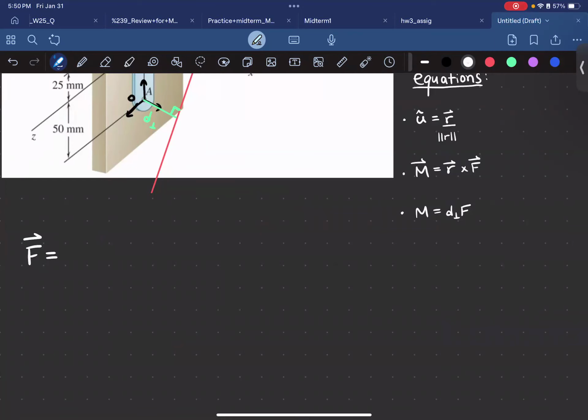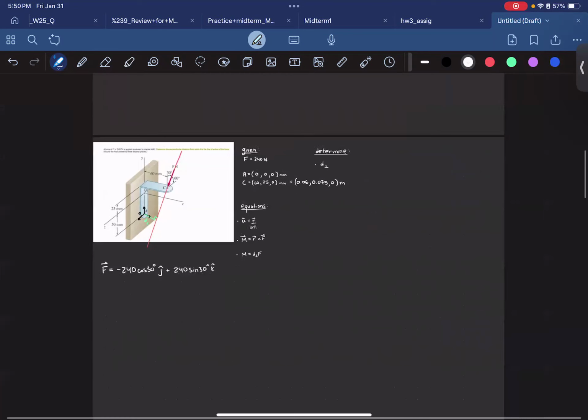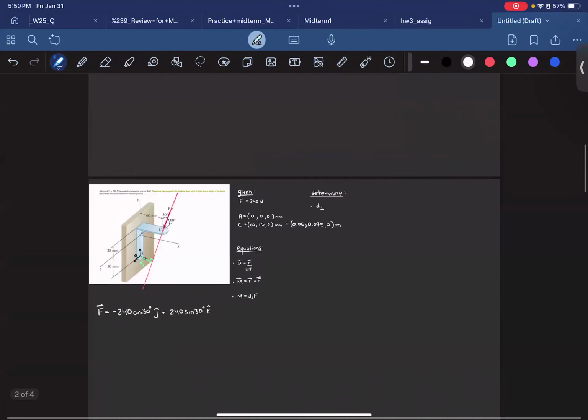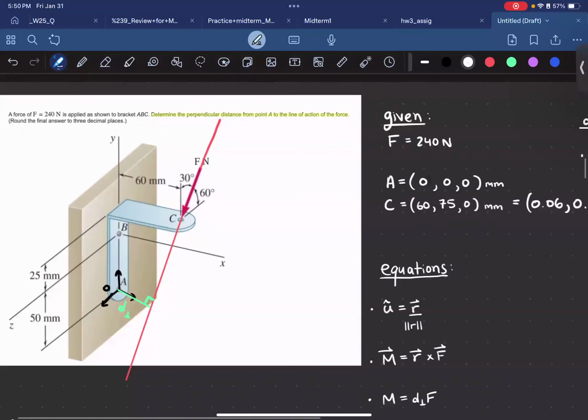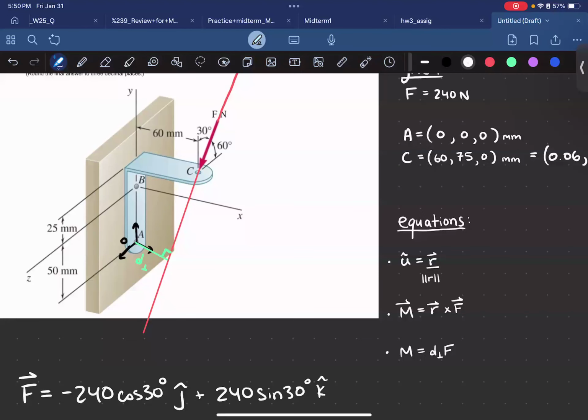And so we know that F is going to be equal to negative 240 cosine of 30 J plus 240 sine of 30 degrees K. And that makes sense because if we look at this 30 degrees right here, the adjacent side of it is pointing downwards in the negative y direction, and its opposite component is pointing in the positive z direction, and it has no x component.